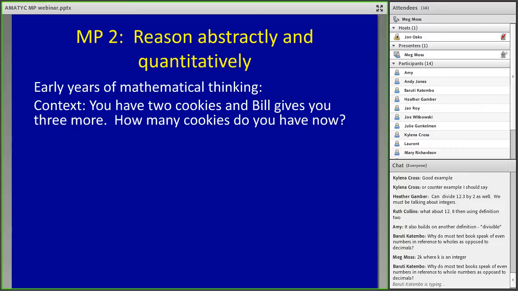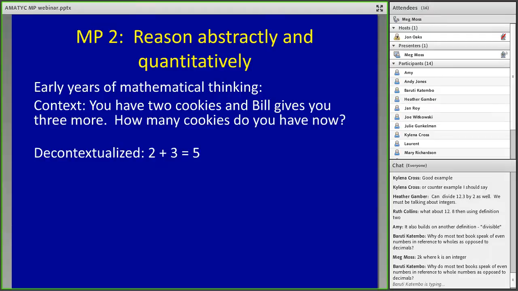So there's the context. And then elementary students need to be able to basically decontextualize that when they write the equation 2 plus 3 equals 5. So there's no context for that equation, 2 plus 3 equals 5. And that's a hard thing for elementary students and our students, right?